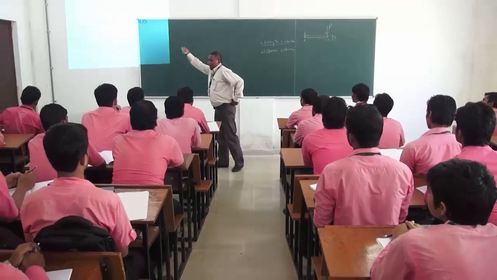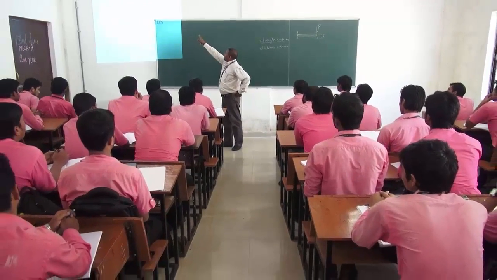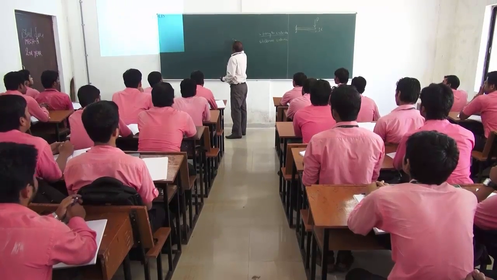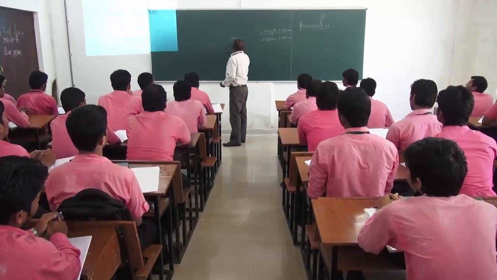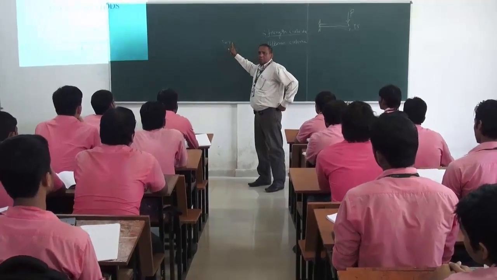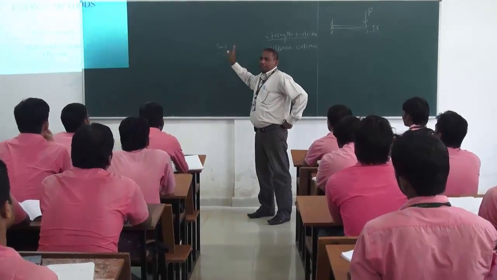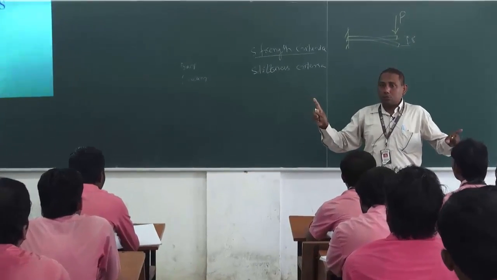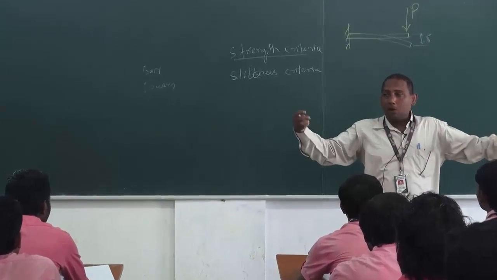And before we start, I want to explain what is meant by a beam. We know there are two mechanical members, one is bar, other is beam. What is a bar? A bar is a mechanical member which is applied with axial loads, due to which there is elongation or contraction.